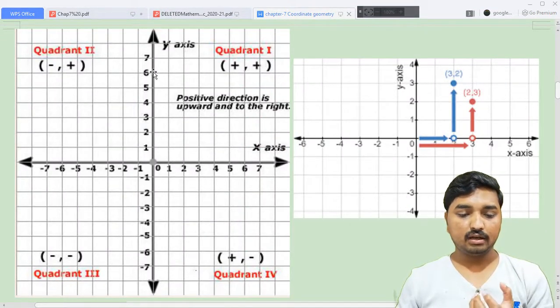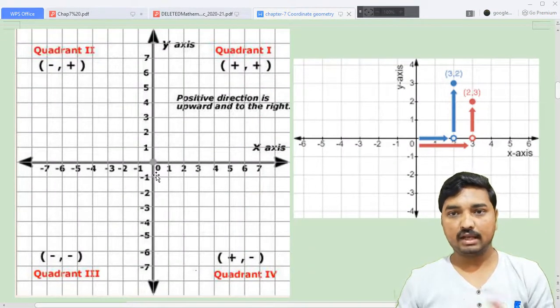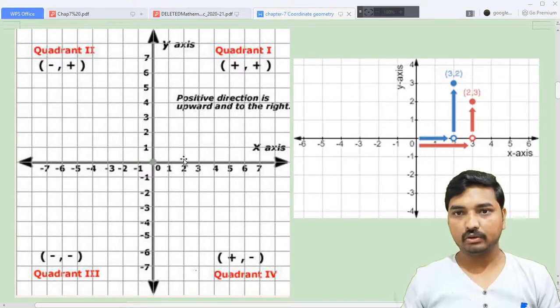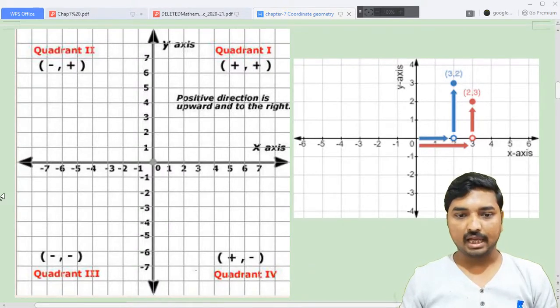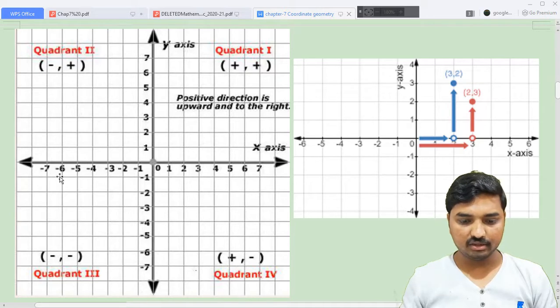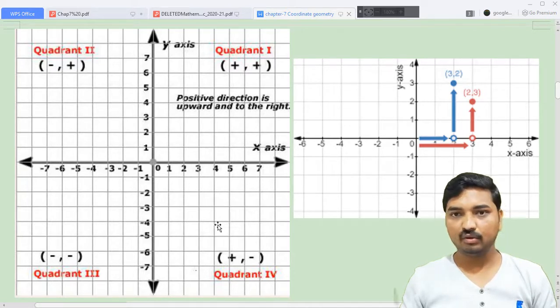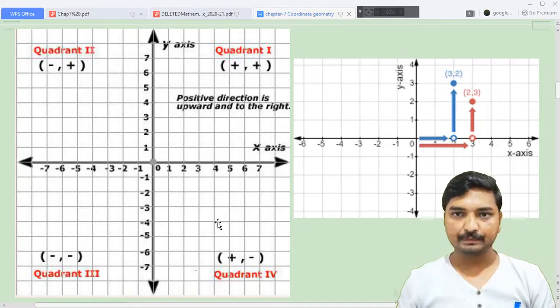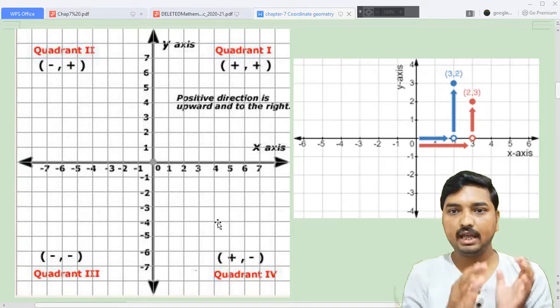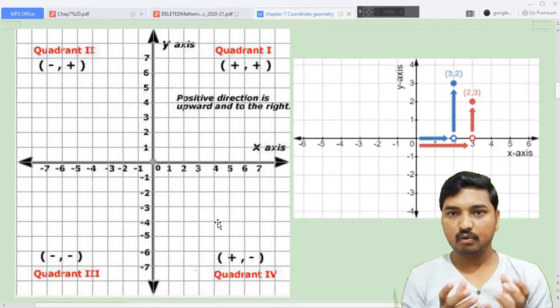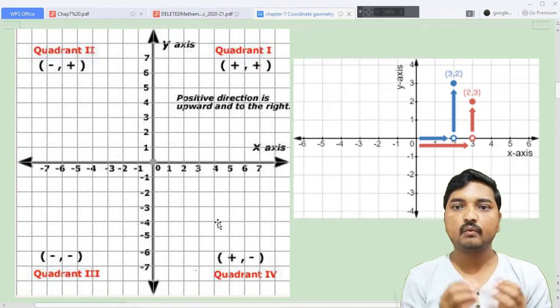When we arrange these two lines mutually perpendicular to each other, this entire plane is divided into 4 equal parts. This is the first part, this is the second part, this is the third part, and this is the fourth part, and each part is called a quadrant, because we have divided the entire portion into 4 equal parts, and one part is called a quarter.